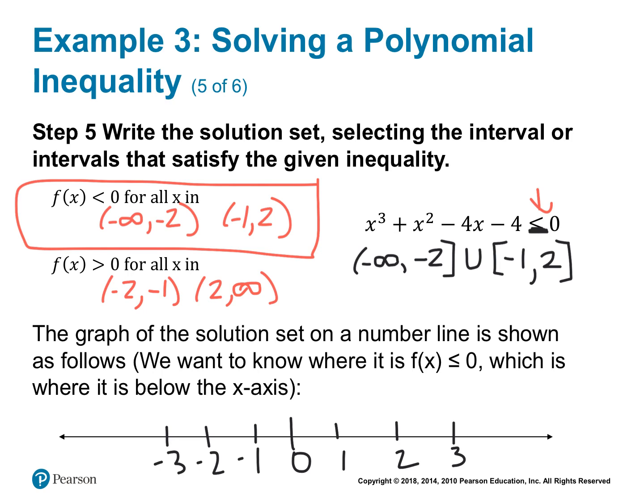Okay, so if I plot that, we would be going from -infinity up to -2, and it is a bracket. So anything in the green would work there, and then from -1 up to 2 with brackets would also work. So anything in the green would make it true. Anything not in the green would not make this inequality true.